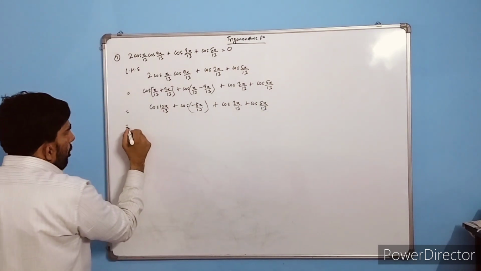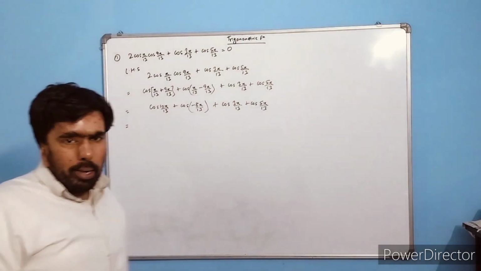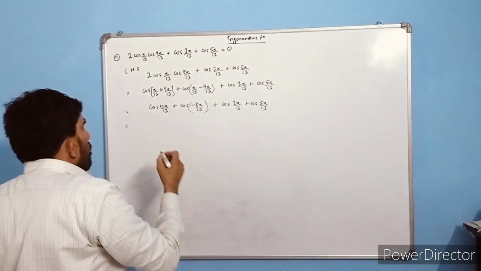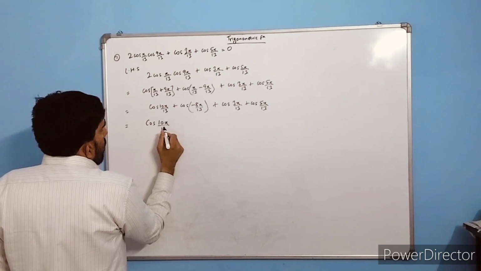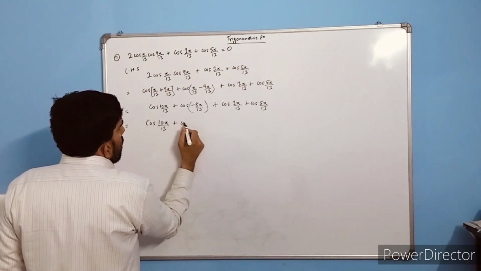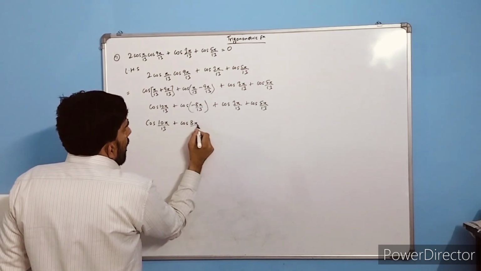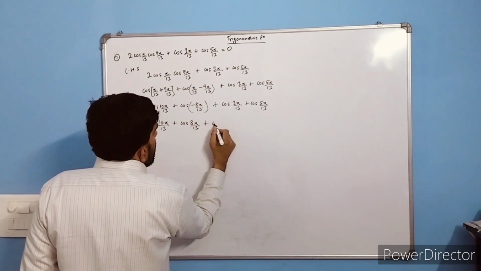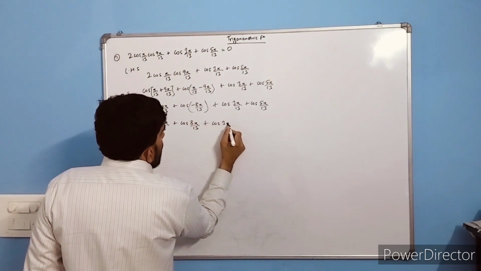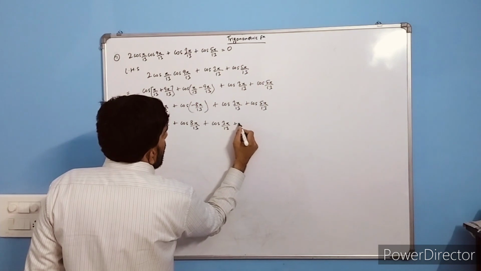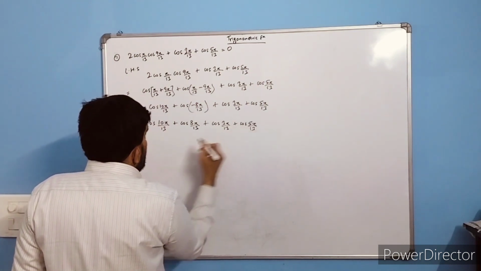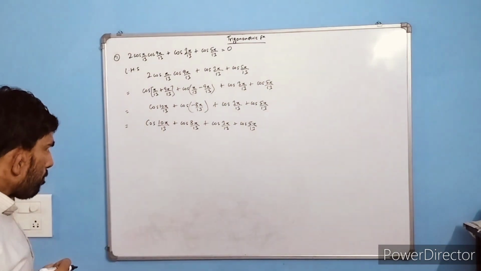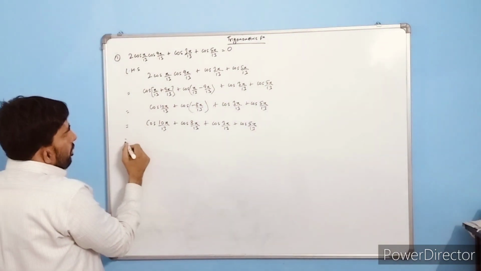Now we all know cos minus x is cos x, so we will use this. Cos 10 pi by 13 plus cos 8 pi by 13 plus cos 3 pi by 13 plus cos 5 pi by 13. Now, okay. So now we'll sort further.